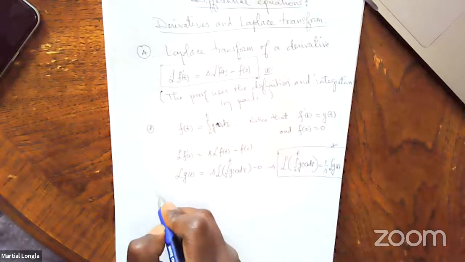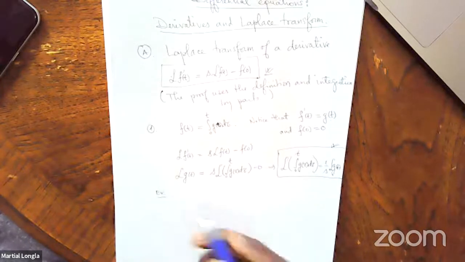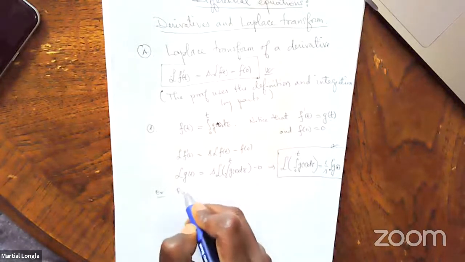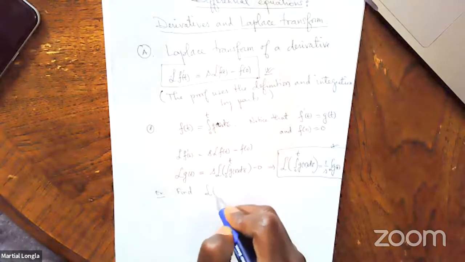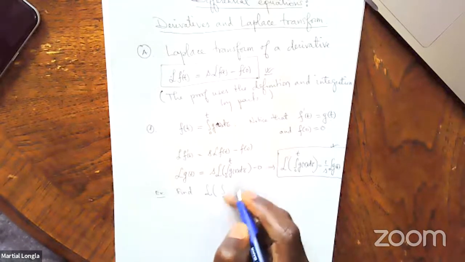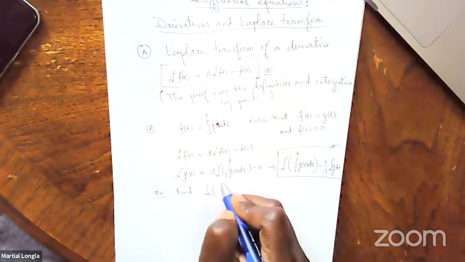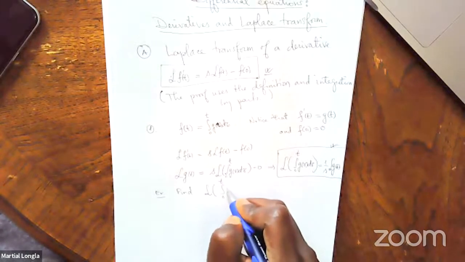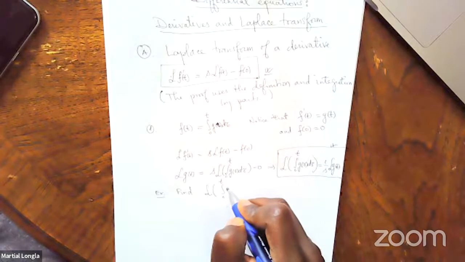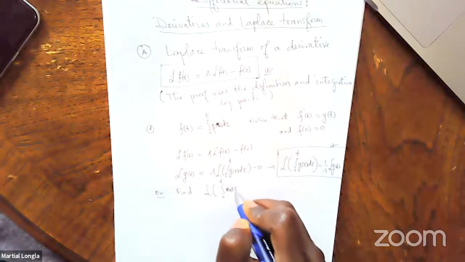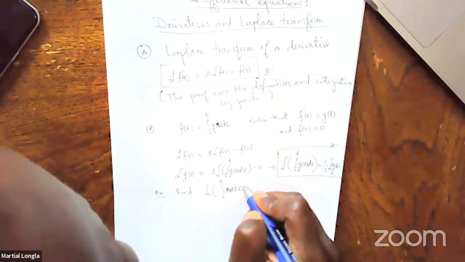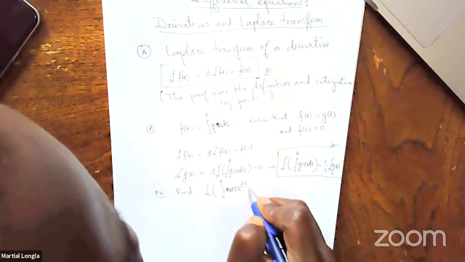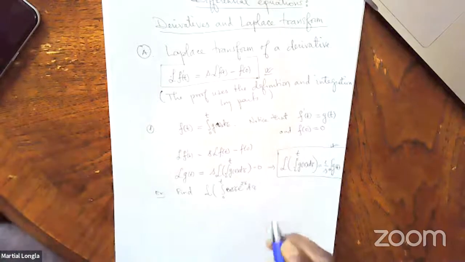So example, find the Laplace transform of the integral from 0 to t of cosine of tau e to the 2 tau d tau.